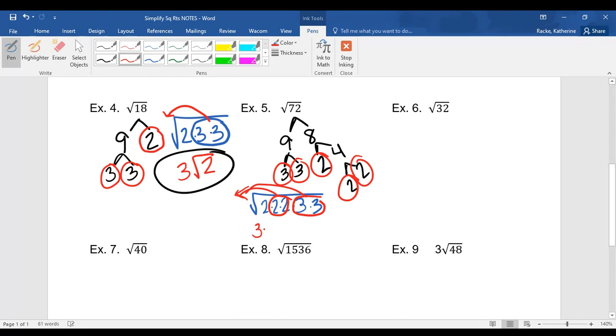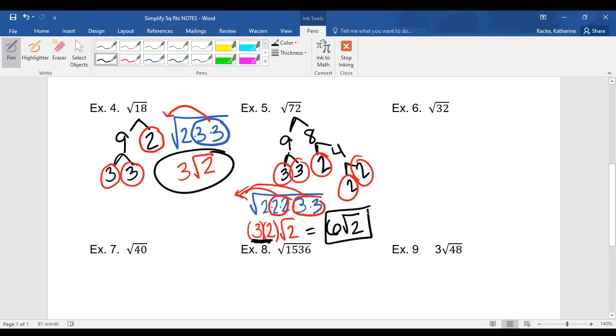So I'm going to put 3 times 2 on the outside. It would be in parentheses because I'm pulling them outside. I have a 2 left over on the inside, so I'm going to leave that on the inside. Now, because I have numbers here on the outside, I need to multiply them together to give me 3 times 2, which is 6, square root of 2, and that would be my final answer.